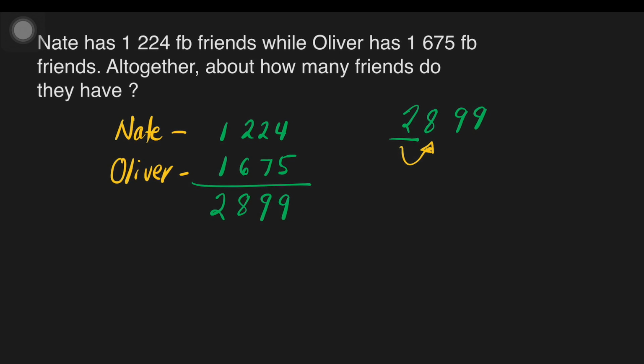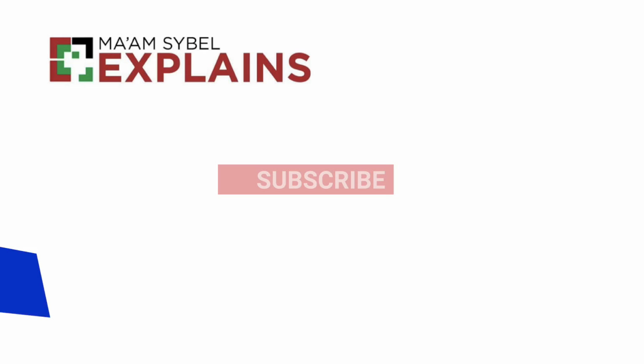It means we will round up. Then we will add 1 to the rounding place. That is 2 plus 1 is equal to 3. Then the rest of the digits will be 0. So it means our answer is 3,000.